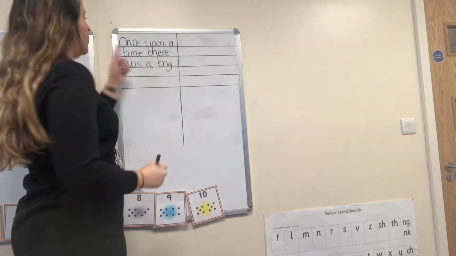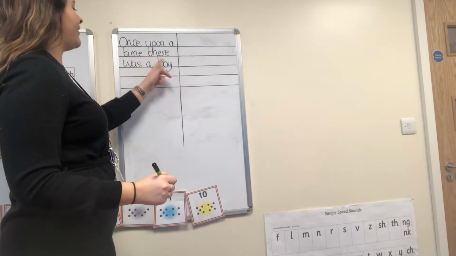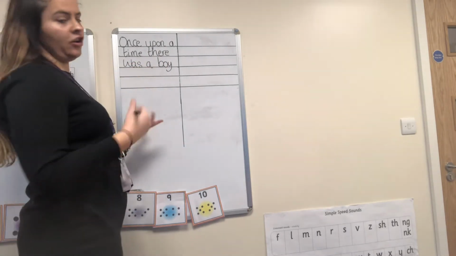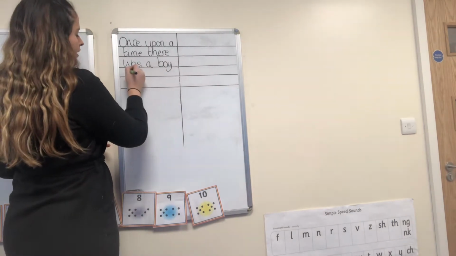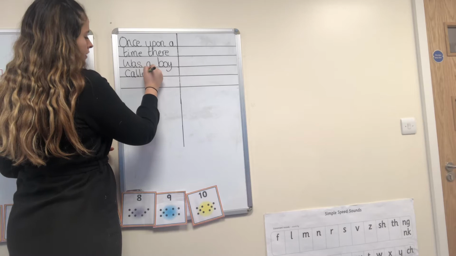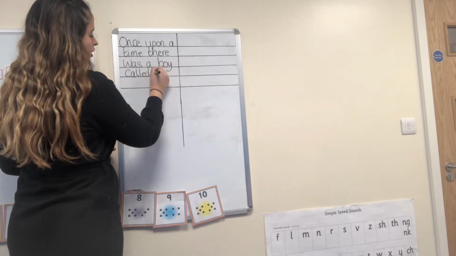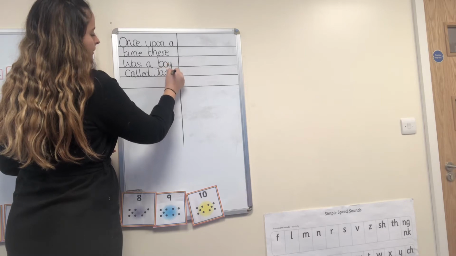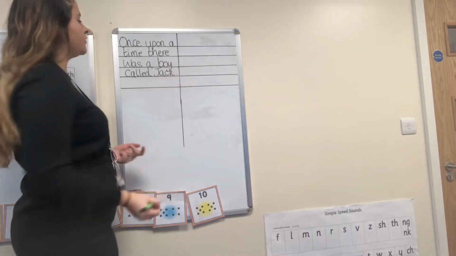Once upon a time, there was a boy. We could say called Jack or named Jack. There was a boy called Jack, capital J, a, k, special friend k, and a full stop on the end.